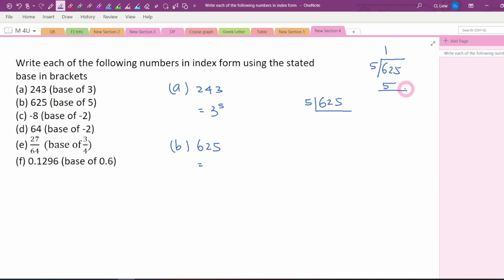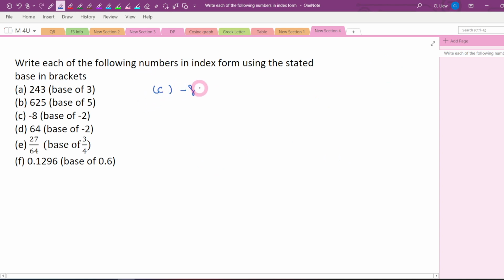Just like what you did in primary school. Okay, this is 125 divided by 5. Keep on dividing this number by 5. Why? Because we want to use the base of 5 until you see 1. How many times? 1, 2, 3, 4. So it will be 5 to the power of 4.